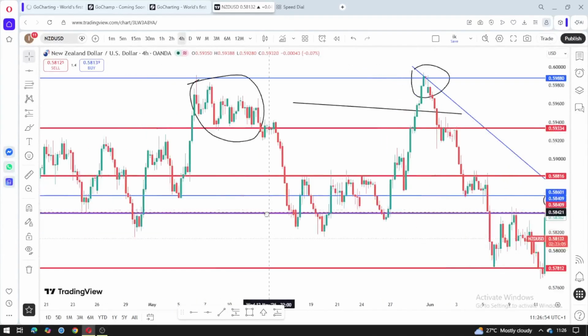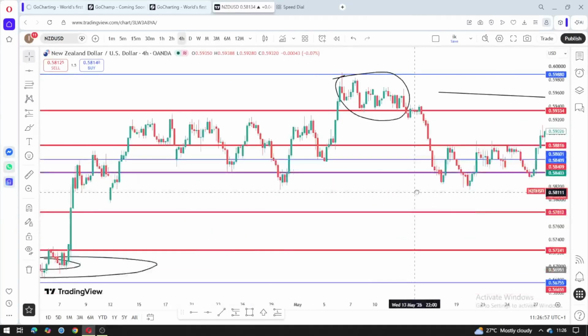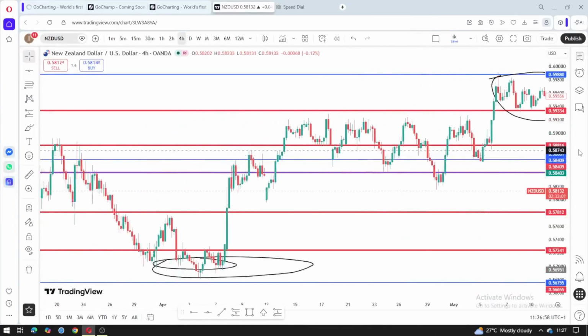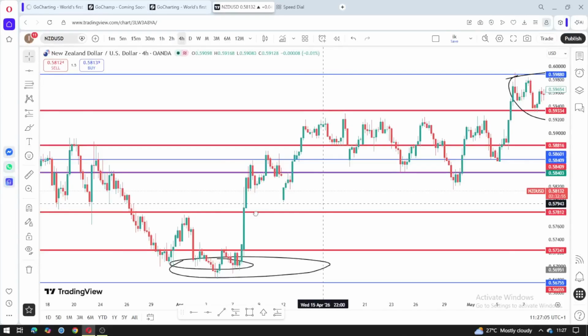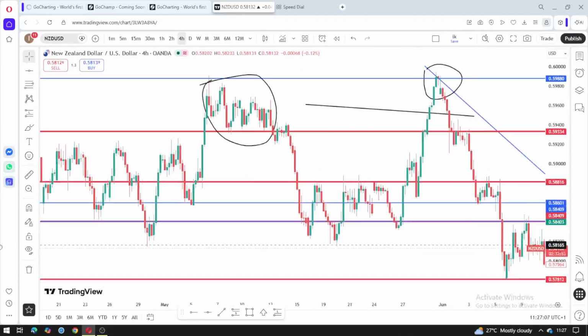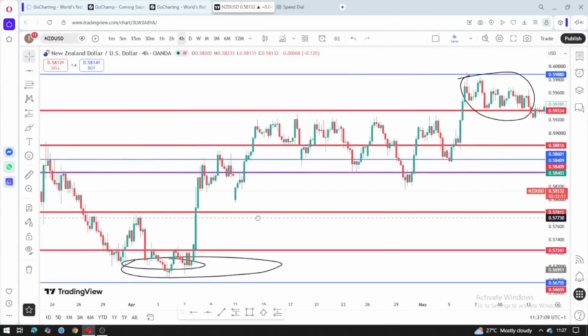So it is the low that started the double top that you are going to be waiting for as your final TP. Do you get the low that started the double top? That is where you are waiting for your final TP. We are not saying the market cannot go below it. The market can go below it, but we are saying that you want to take a trade that you will not lose.